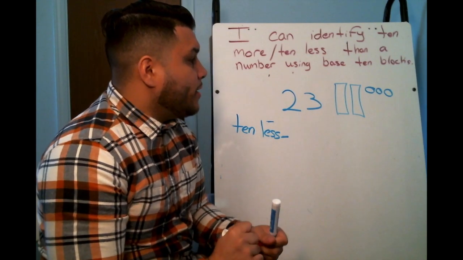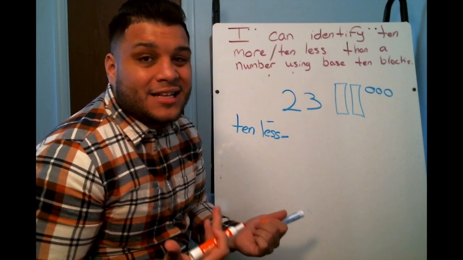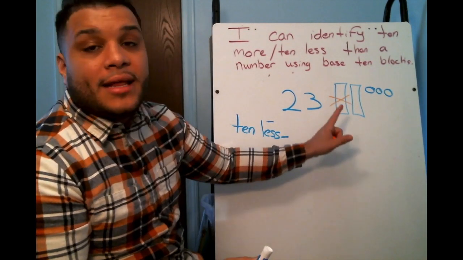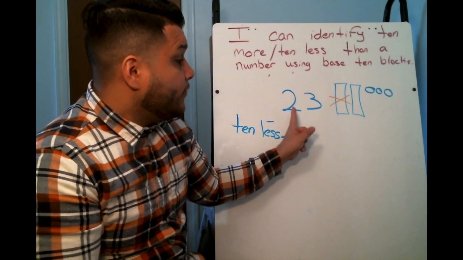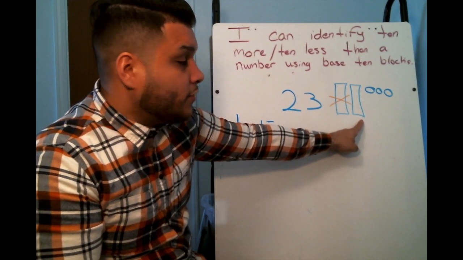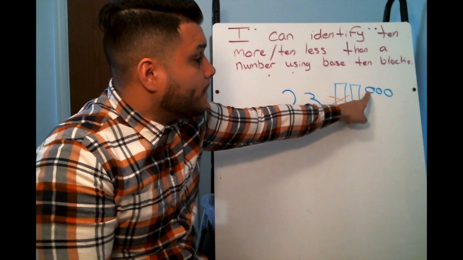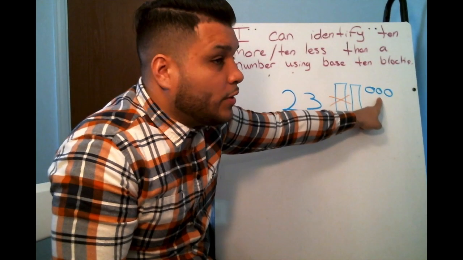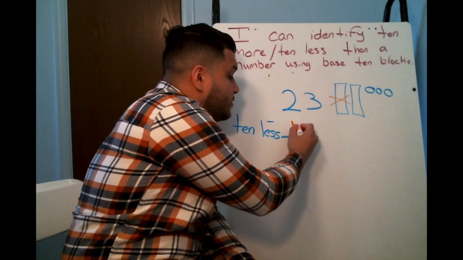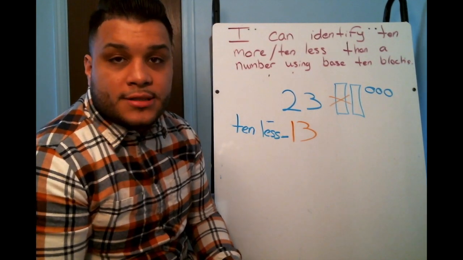Because I can take away a 10 cube because that's what I want. I want 10. So now that I have taken 10 away from 23, let's count and see how many are left over. We have 10, 11, 12, 13. So 10 less than 23 is 13.